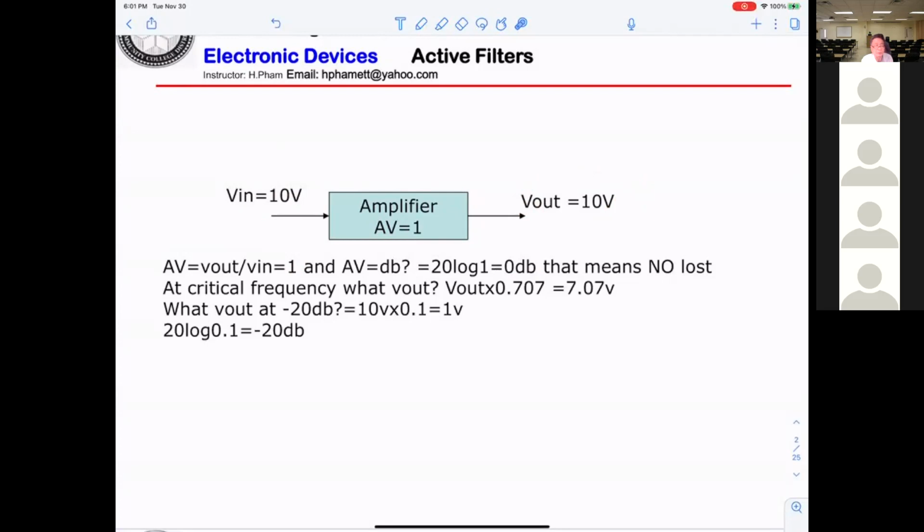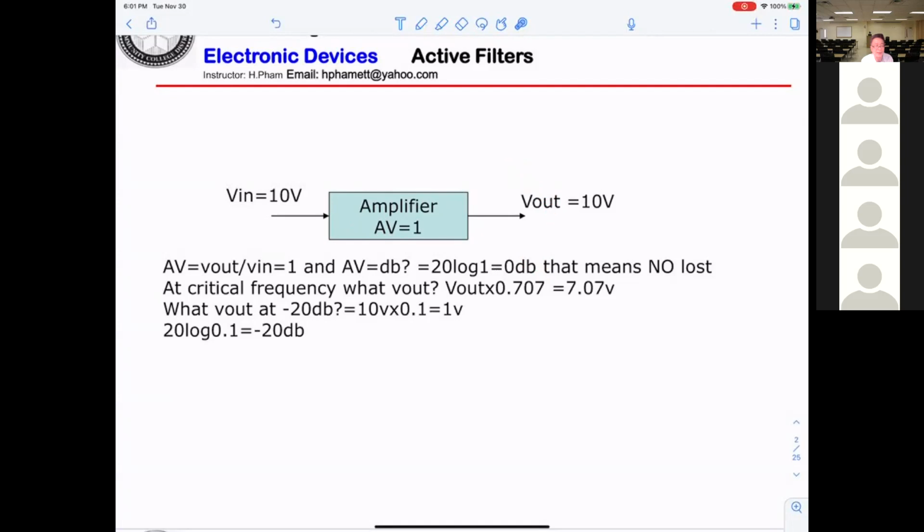However, if you calculate in decibel, it will be 0 dB. Make sure you understand 0 dB means no loss. No loss means input and output will be the same. However, if input 10 volt, output 5 volt, you lost 5 volt.